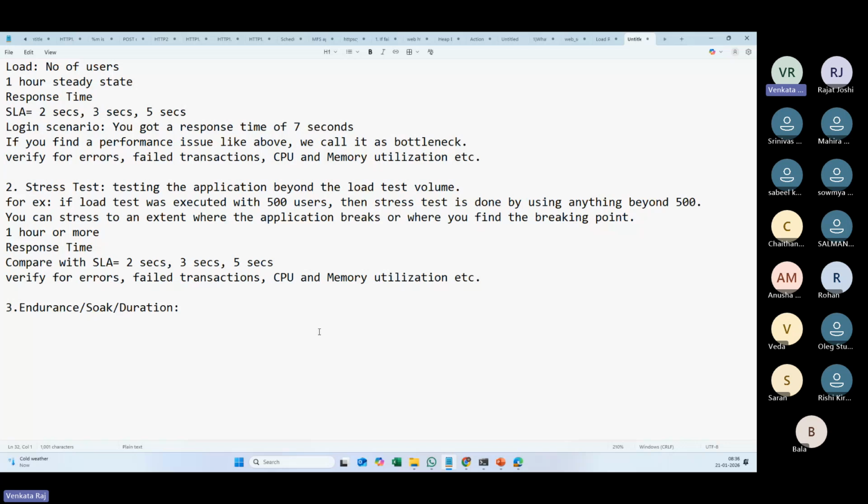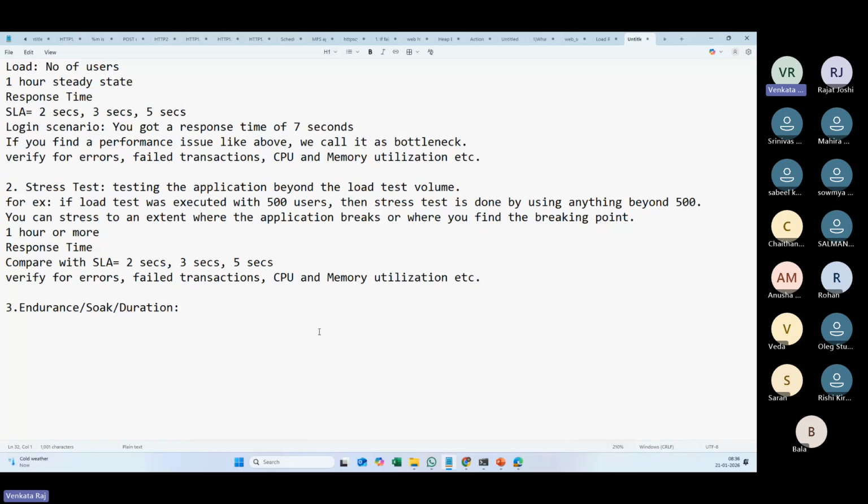When the users are increasing, there is every chance that the memory consumption might also increase, and it might reach 100%. There are multiple reasons why memory will reach 100%, we'll discuss that later, but let's say there is a chance.